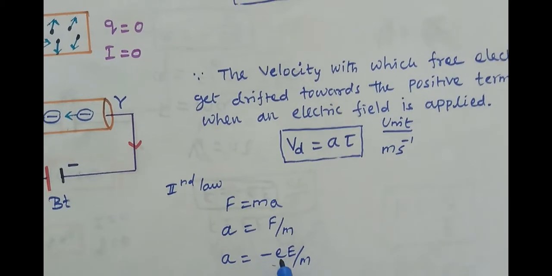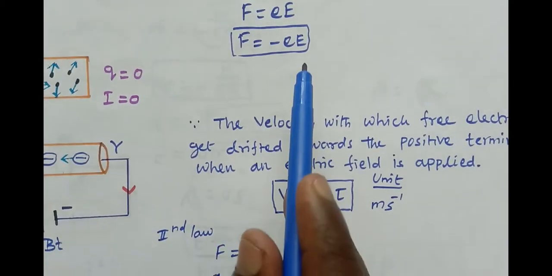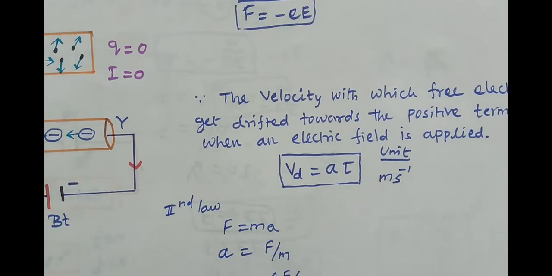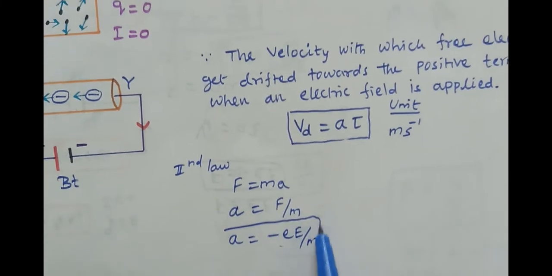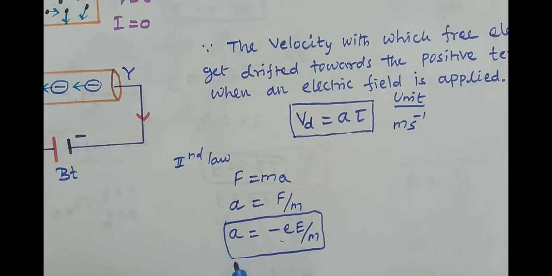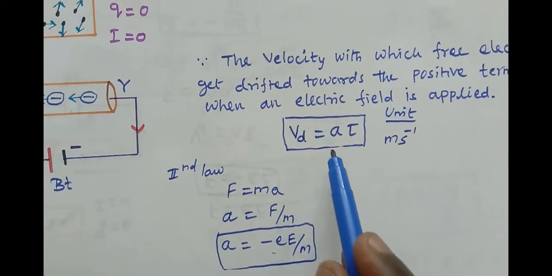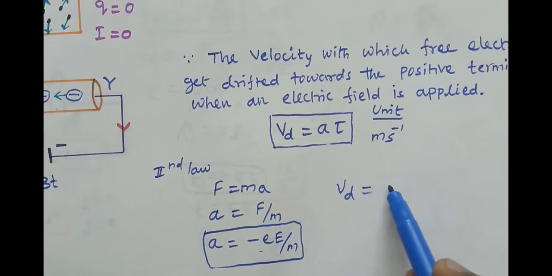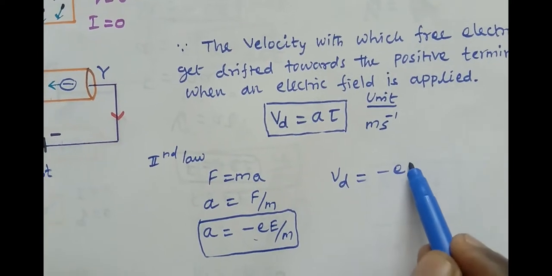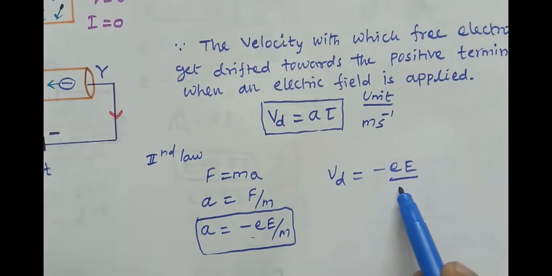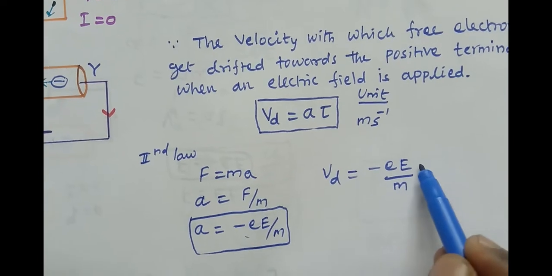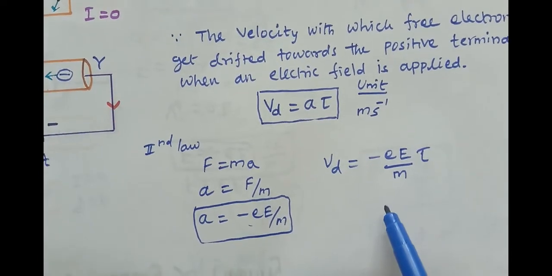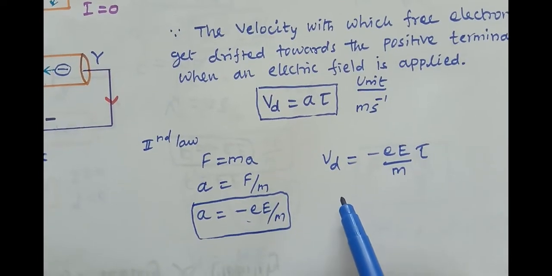This is the experienced force, F is equal to eE. This is called the acceleration of the electron. Substitute this in the relation: Vd is equal to minus eE divided by m into tau. This is called drift velocity.